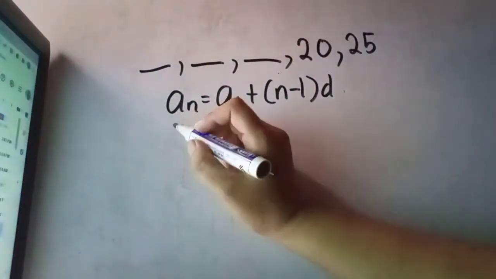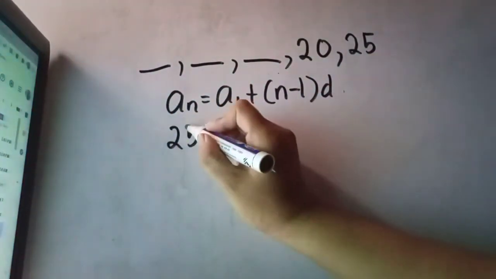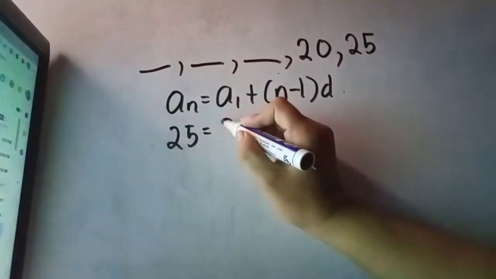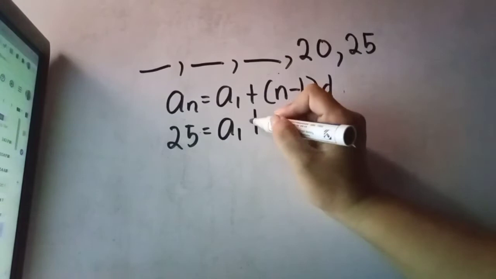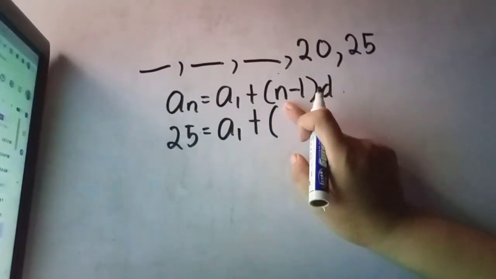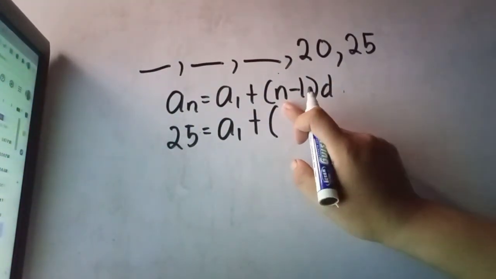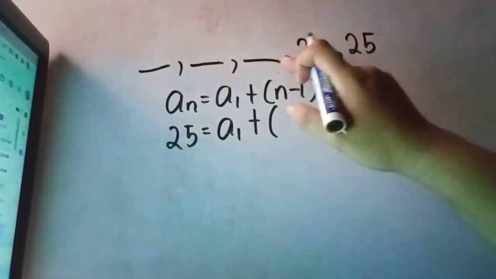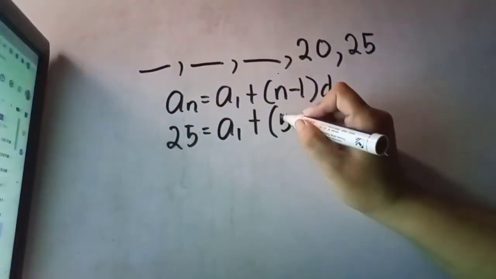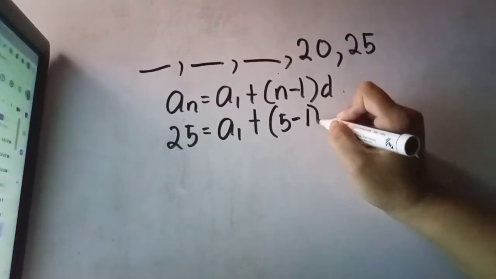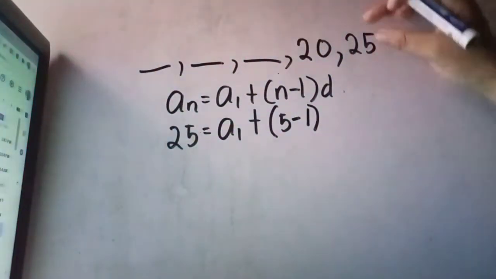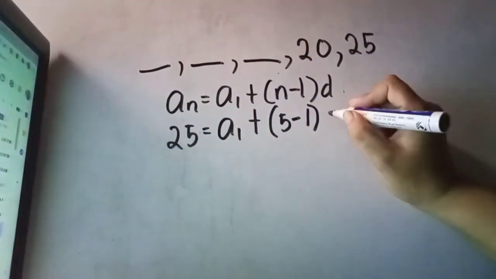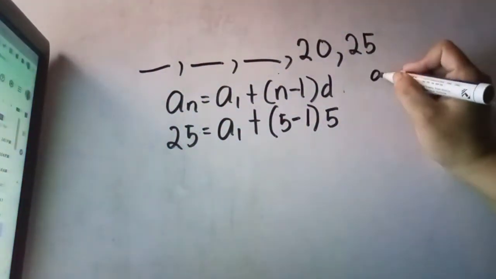So, a sub n is 25 equals, ang ating a sub 1 ay unknown, plus, ang ating n ay 5. Pang-ilang term siya, 5. So, 1, 2, 3, 4, 5. So, 5 minus 1. Ang ating d, so, sinubtract natin 25 minus 20 is 5. So, ang ating d ay 5.